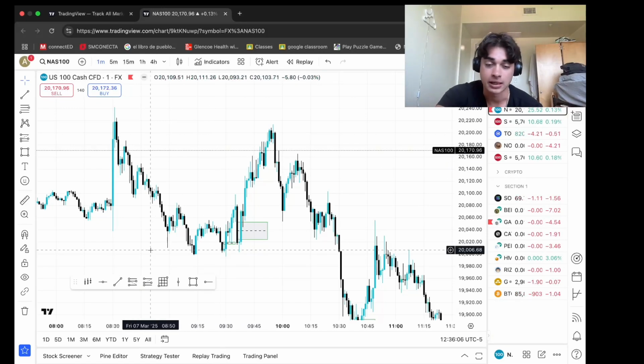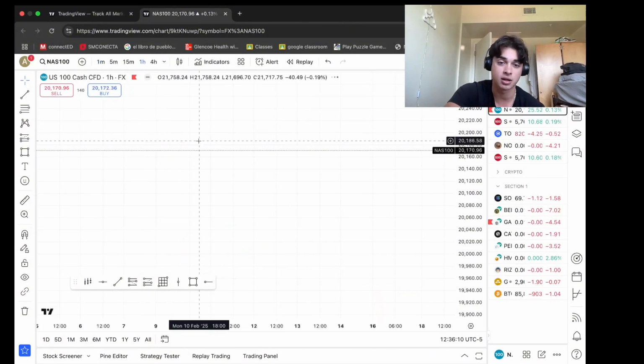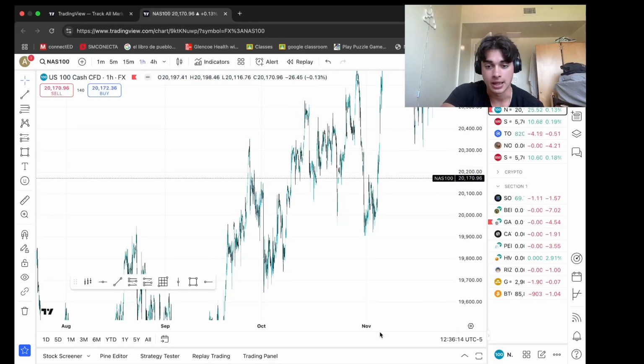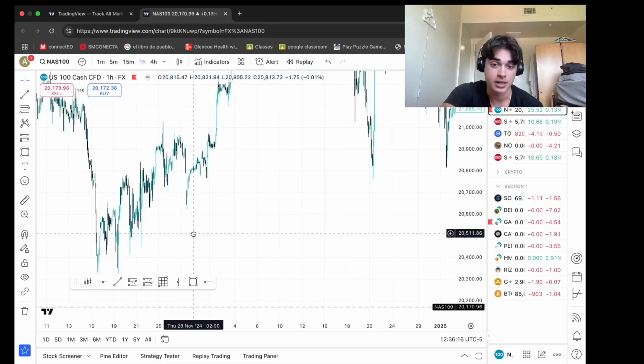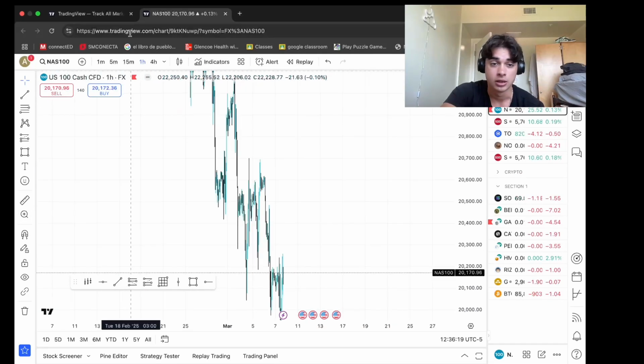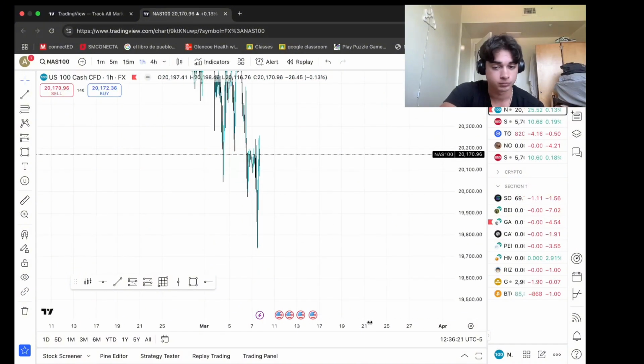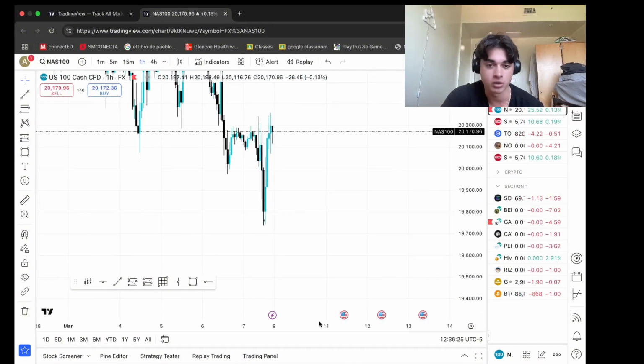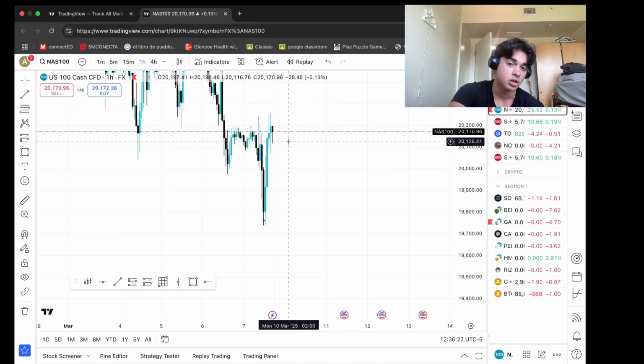Any confluence that you have in your strategy should be based off key points of price. And by key points of price, I am talking about liquidity. Liquidity is the first confluence that you should ever have, because liquidity will tell you what the market wants to do, especially when you're grabbing price from liquidity.